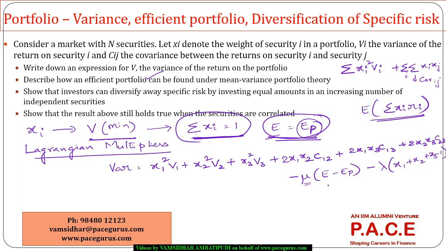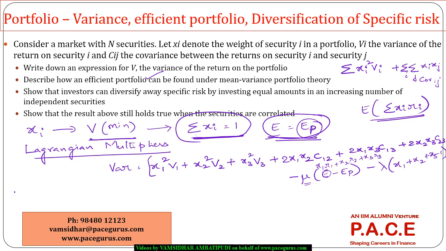Now, even the expected return, I could have taken as x1 R1 plus x2 R2 plus x3 R3. Those are the expected returns, so minus EP.